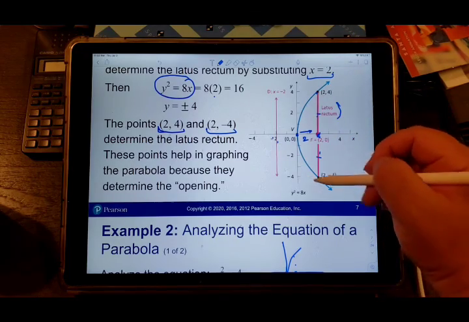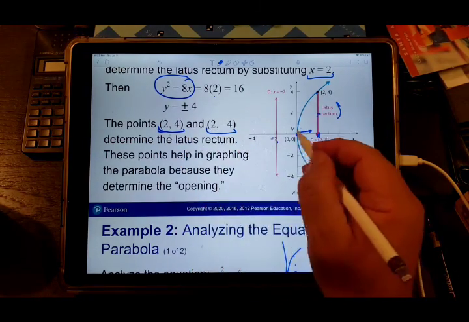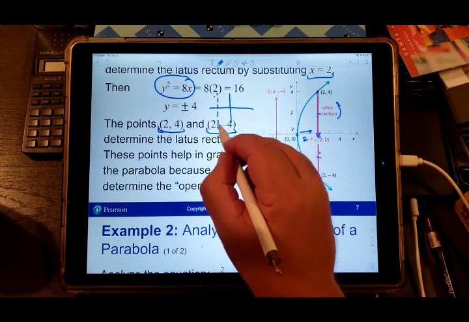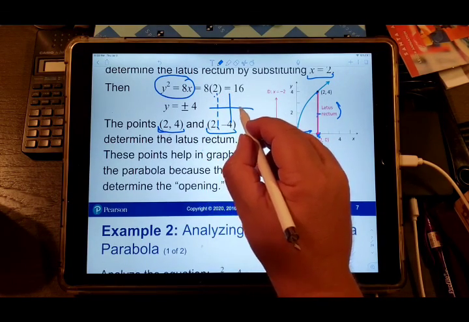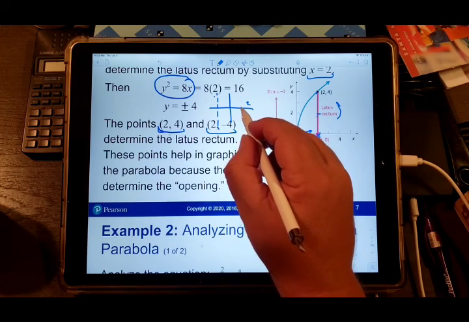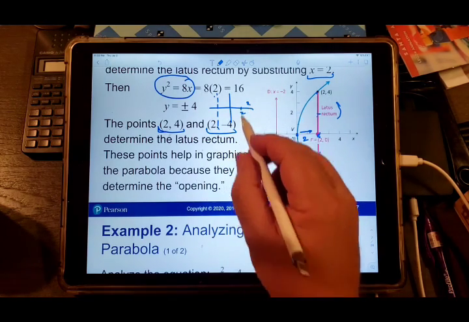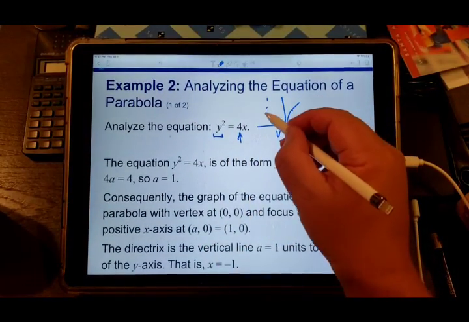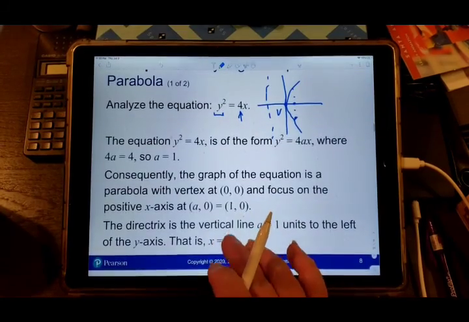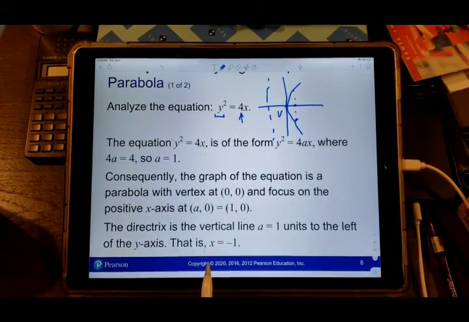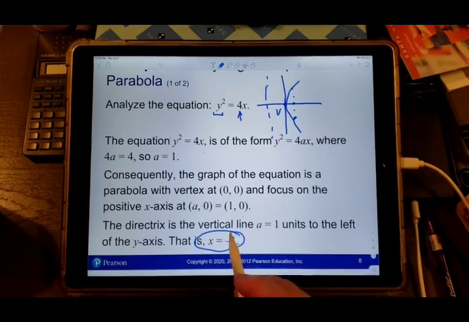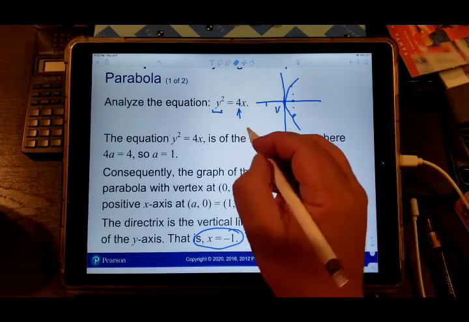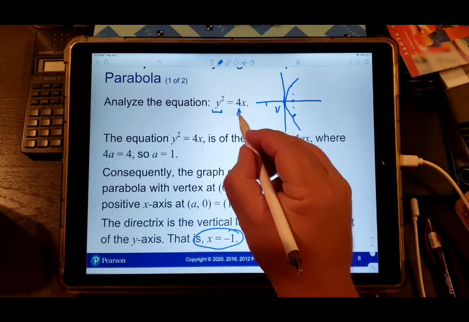So if I got rid of this parabola here, basically what you start with is, you know the directrix, it's -2, and the focus is at 2. Let me draw the directrix. It doesn't really help to draw the directrix. It doesn't enhance your graph, but they might ask you to do it. In this case, the directrix was -1, because remember the A, right?